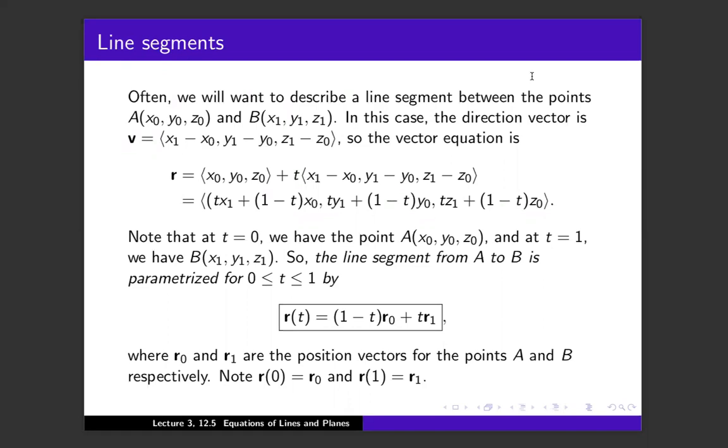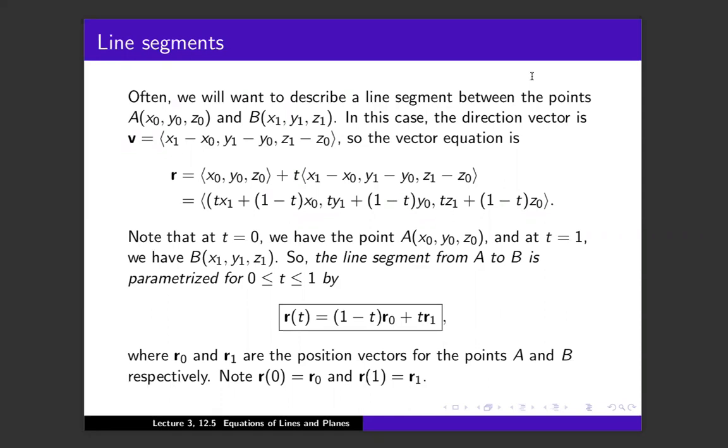You still have to find a direction vector, and the direction vector is quite simple. It's just the vector of displacement from A to B. And that's going to be x1 minus x naught, y1 minus y naught, z1 minus z naught, exactly what we just did. And in that case, we can have r equals x naught, y naught, z naught, plus t times that displacement vector. I'm not going to read it aloud. You can read it right there.